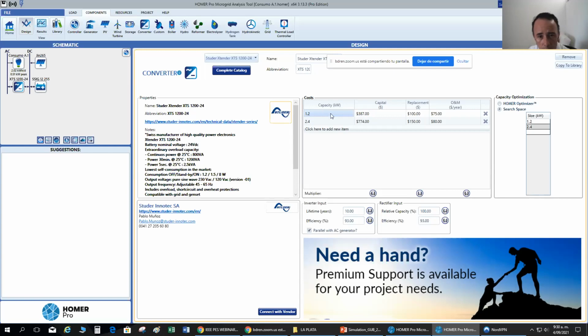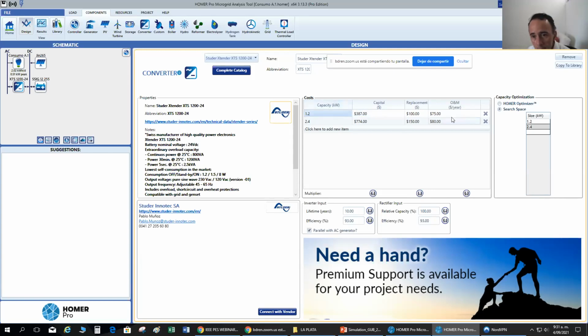This is not too much. This is maybe for a regular home, 2, 3 people with their electrical appliances, TV, fridge, cleaner, and music, etc. And this is the cost of just one converter.